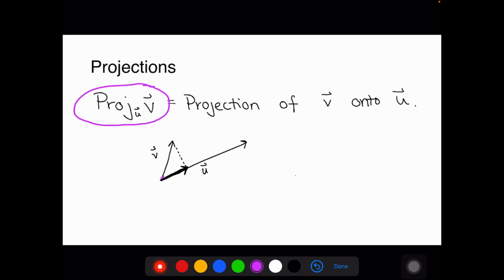So if I find the component of vector v in the direction of u, that is known as my projection. Another way of thinking about it is, what is the shadow that vector v makes onto vector u?